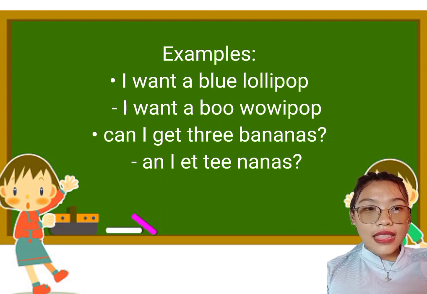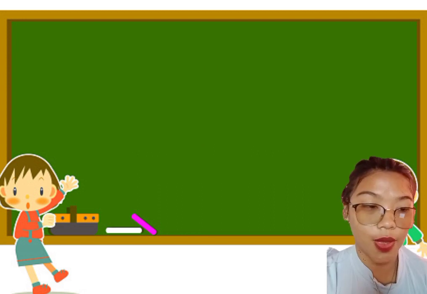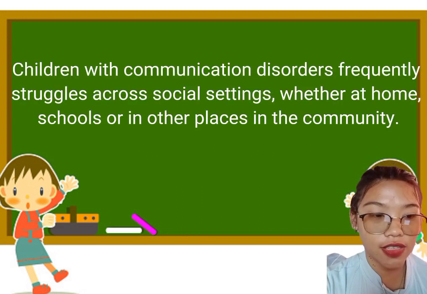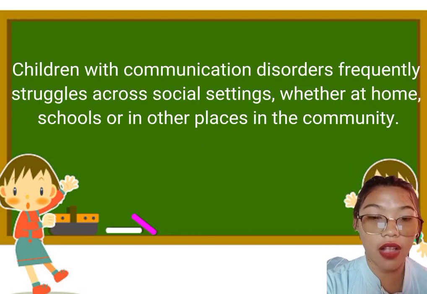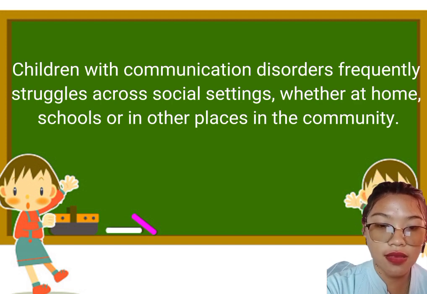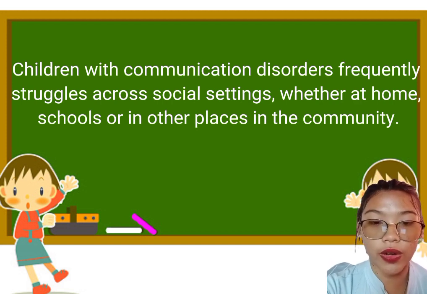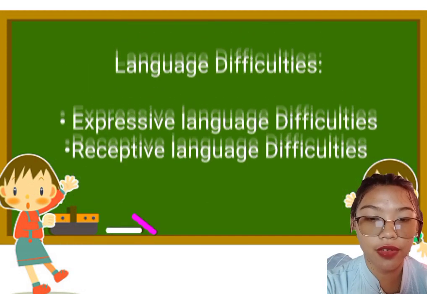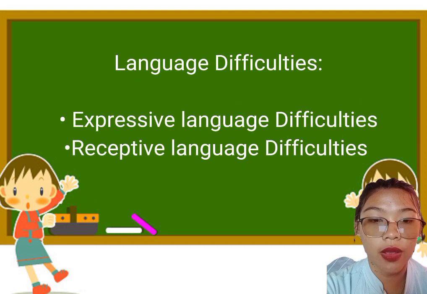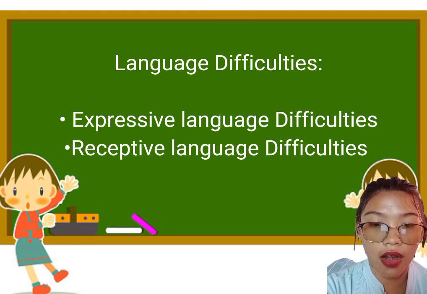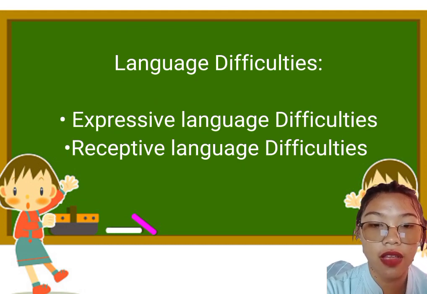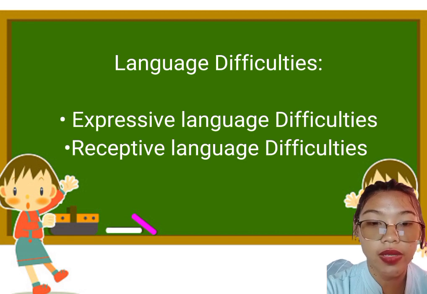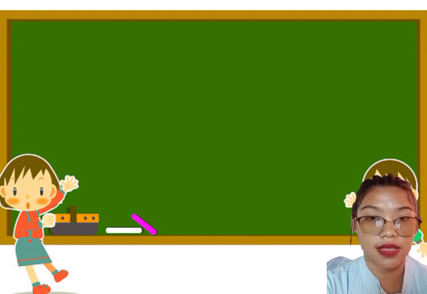And I eat bananas. So, children with communication disorders frequently struggle across social settings, whether at home, school, or in other places in the community. Some of the difficulties that characterize communication disorders are expressive language difficulties and receptive language difficulties.